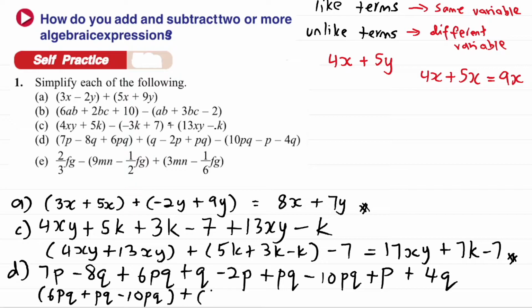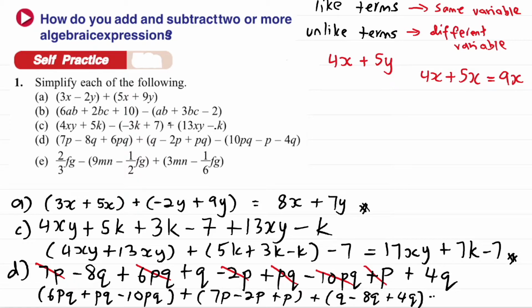Tengok p pula. 7p tolak 2p tambah p. Okay, cuba cancelkan dulu mana yang cikgu dah buat. 6pq dah, pq sudah, pq sudah, lepas tu 7p sudah, 2p sudah, p sudah. And the last one yang q pula tambah q tolak 8q tambah 4q.